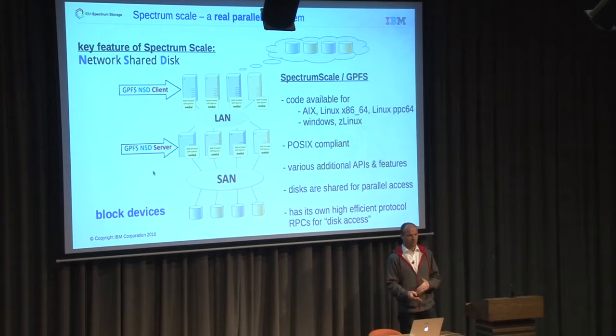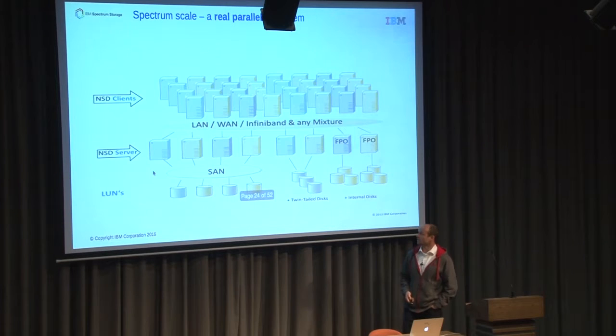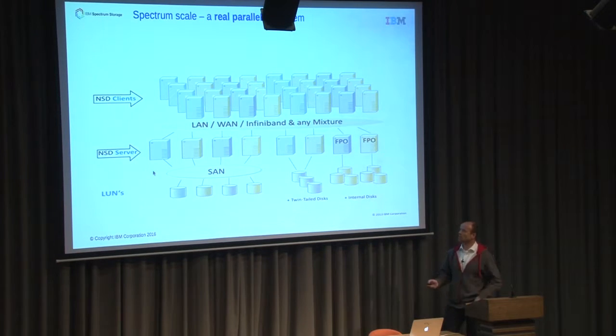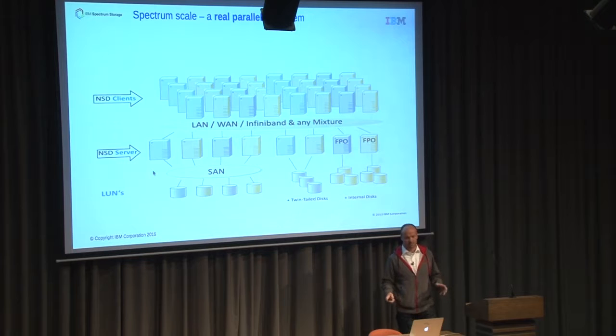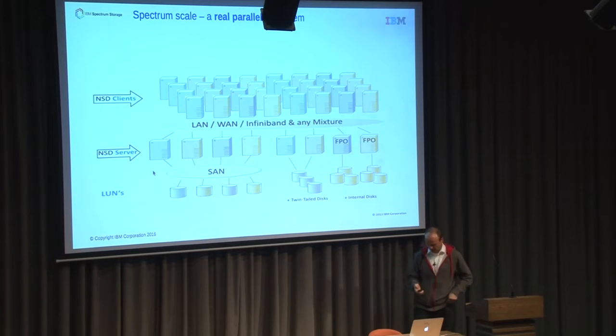And as I said, we are completely POSIX compliant, so you can use it with every application you have in your mind. This allows us to build, and in fact we really do this, huge environments with thousands or hundreds of clients accessing physical storage from storage controllers or whatever, internal disk. We take every block device we can get and talk directly with all clients to that.